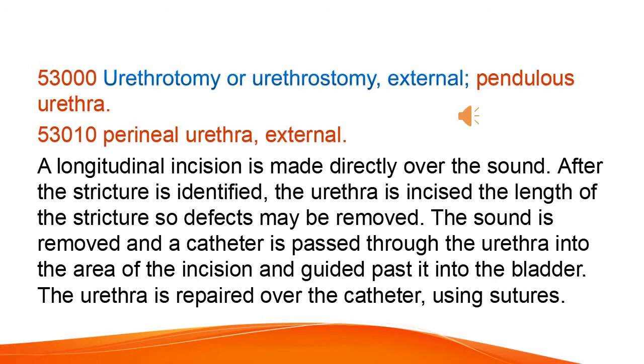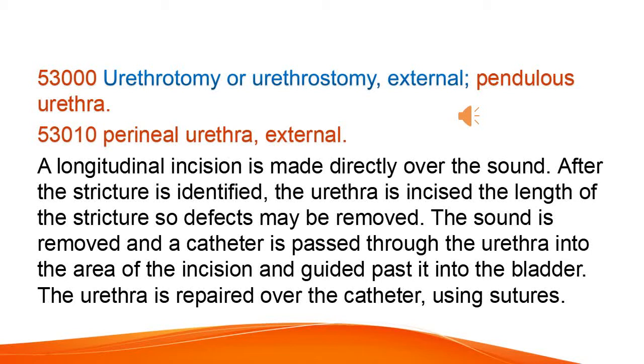Ureterotomy or ureterostomy, external, pendulous urethra. Perineal urethra, external. A longitudinal incision is made directly over the sound. After the stricture is identified, the urethra is incised the length of the stricture so defects may be removed. The sound is removed and a catheter is passed through the urethra into the area of the incision and guided past it into the bladder.